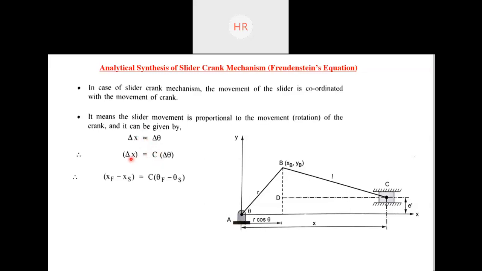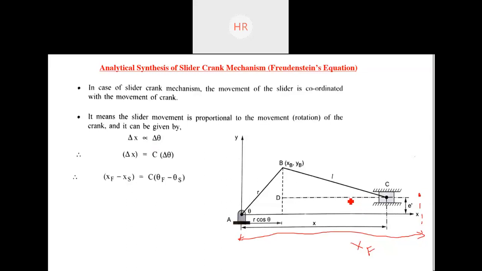So delta x is equal to xf minus xs. Now what is xf? xf, you can say it is final position of slider. Suppose the slider's final position is here, this distance is xf, that is finishing position.